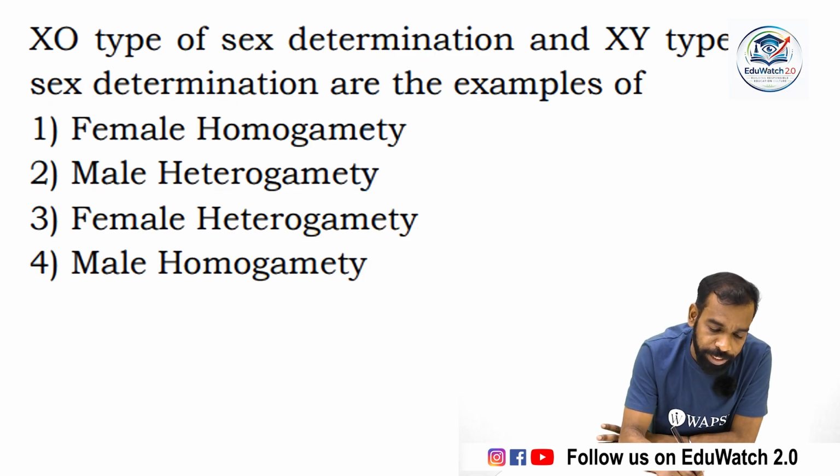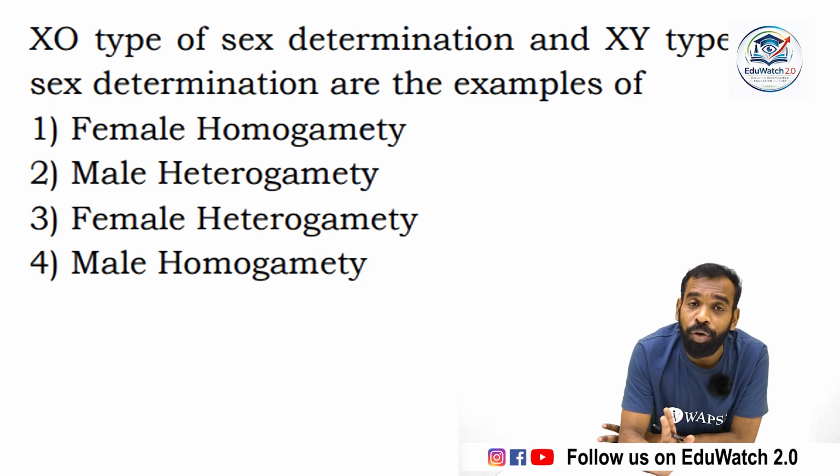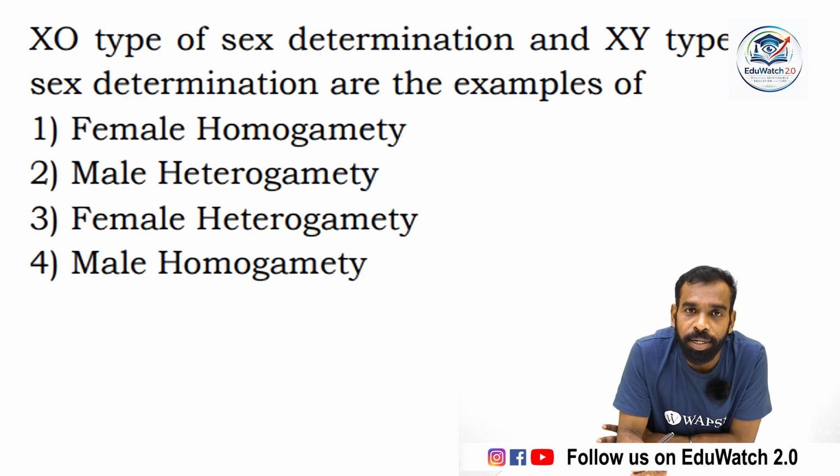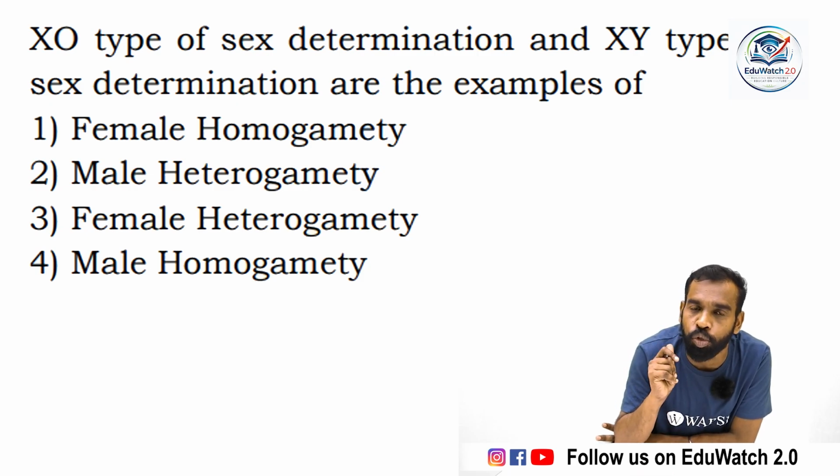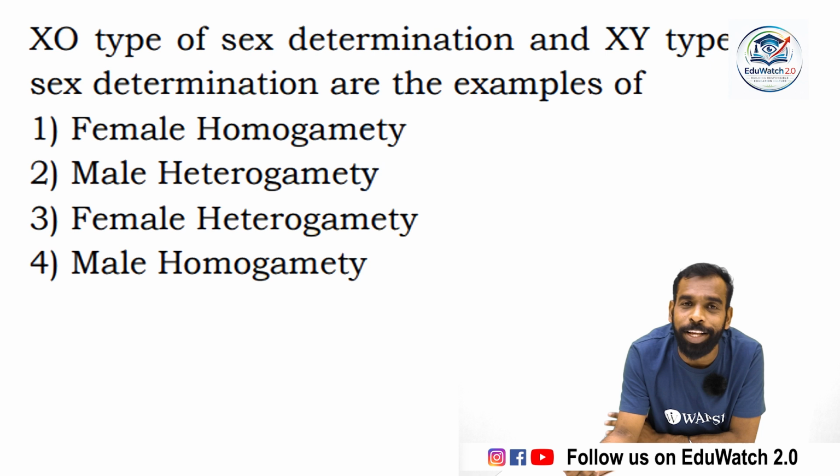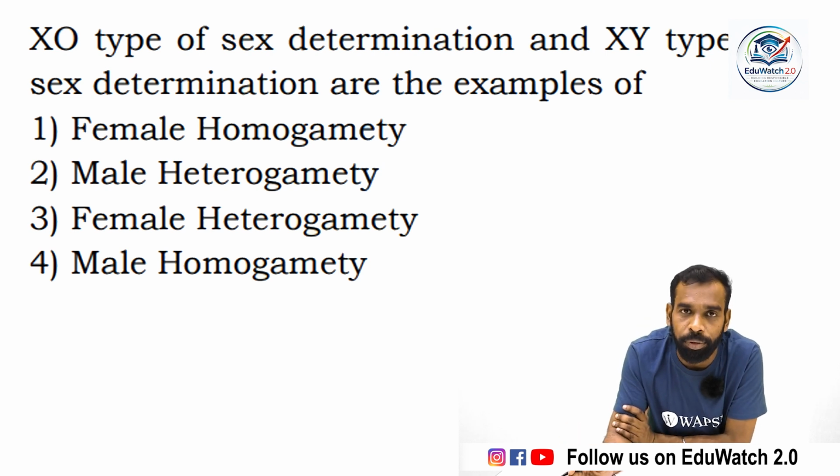In the case of X0, only one chromosome is present. So female is always producing X type. Male is producing X and Y. This type of sex determination is mainly present in chick. Did you get me?